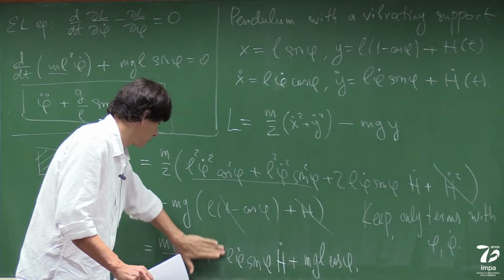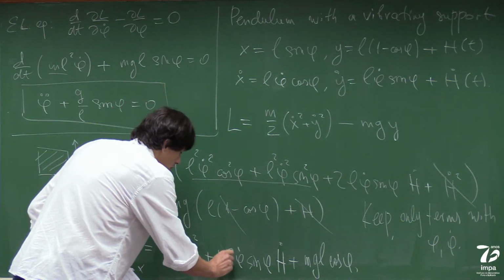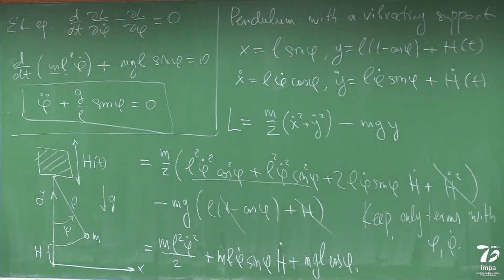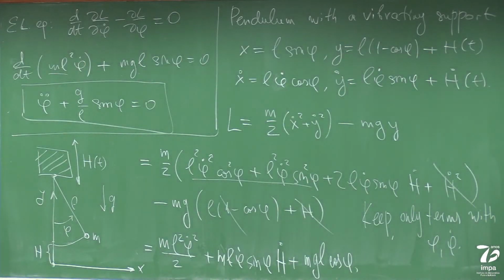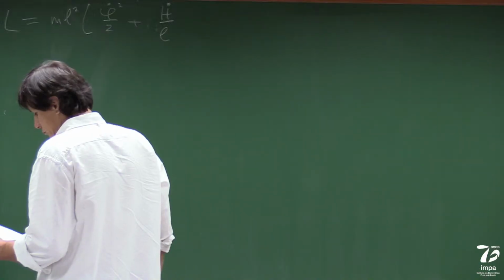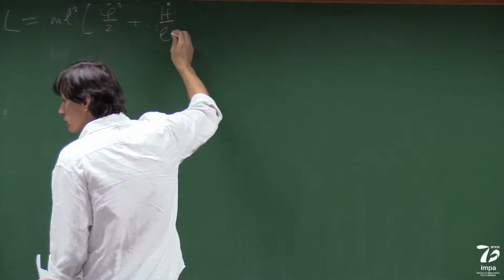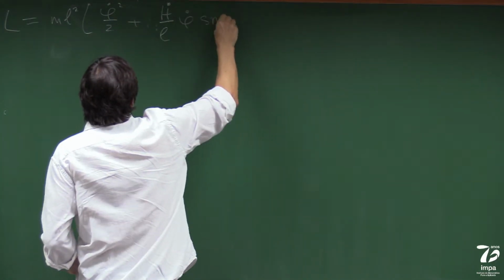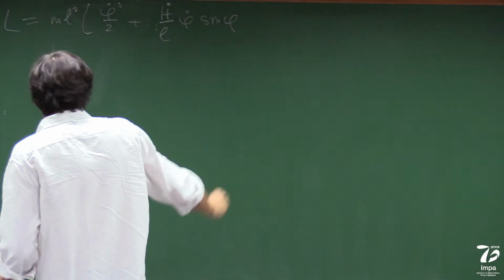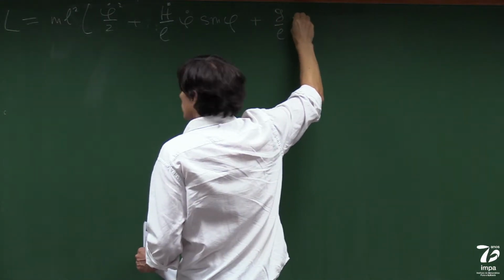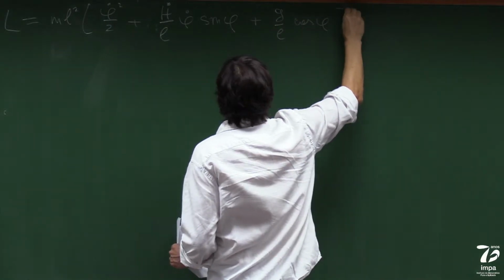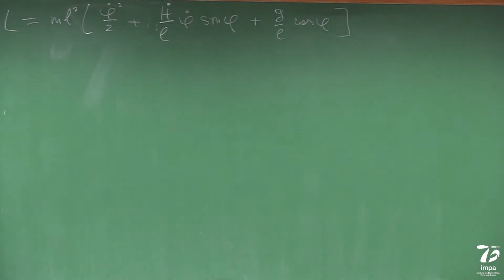So now it will be, there's no 2, it's h dot divided by L, psi dot sine psi, plus g L cosine psi. That's it. Seems to be okay.